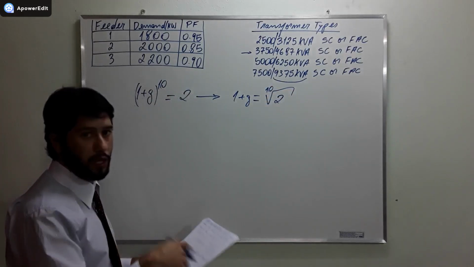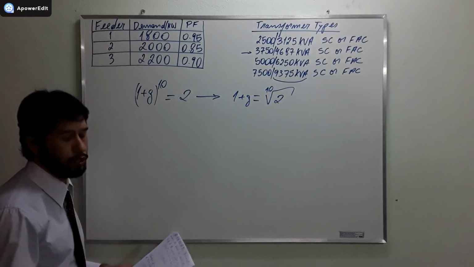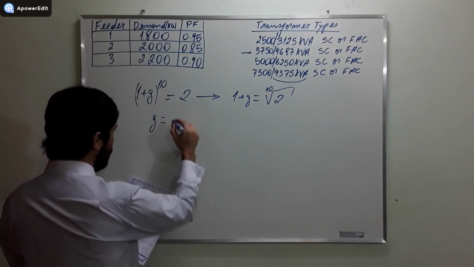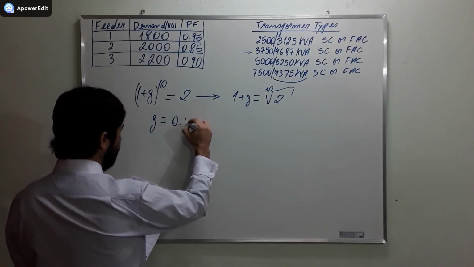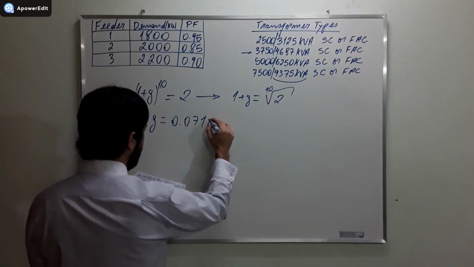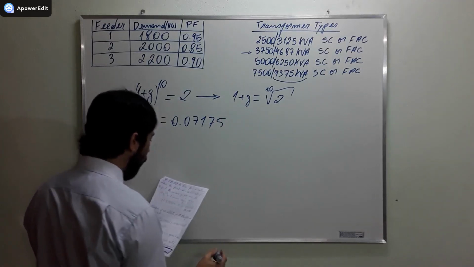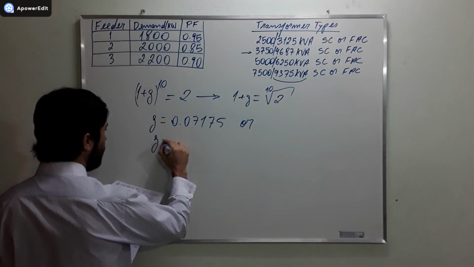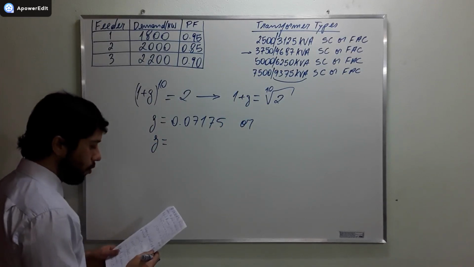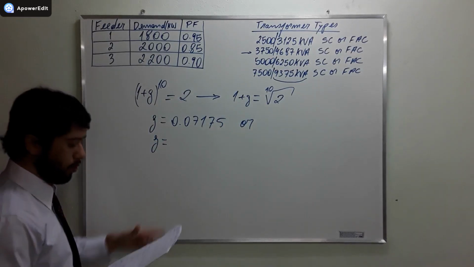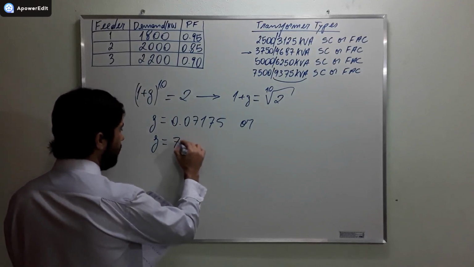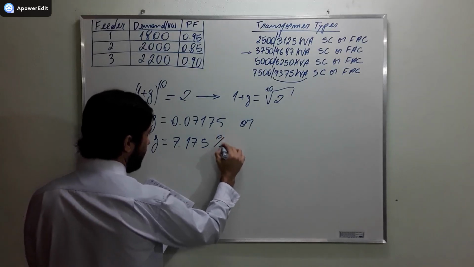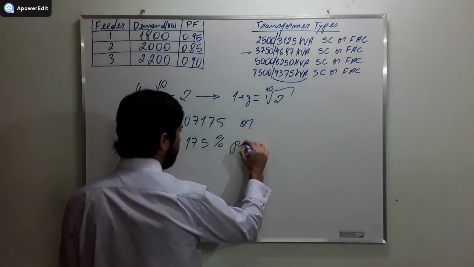And then we do some very simple algebraic manipulations, and we get that G, the growth in demand, is equal to 0.07175, or 7.175% per year.